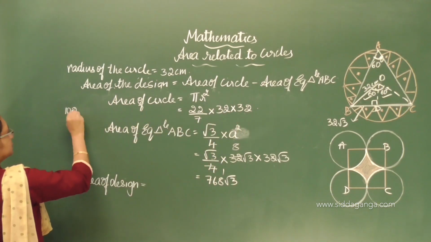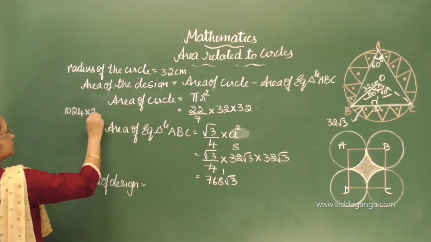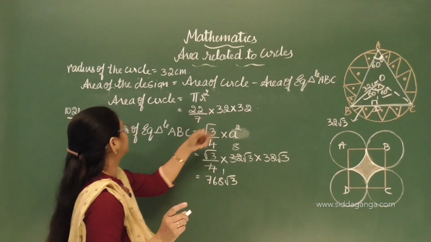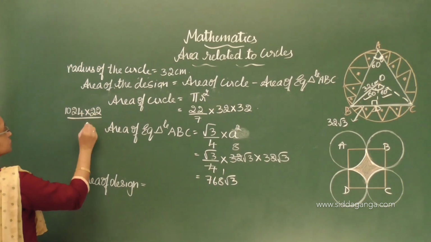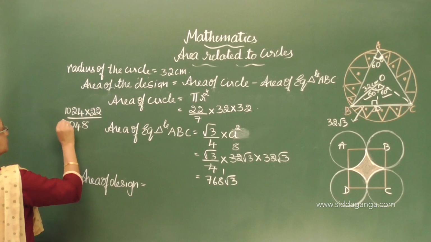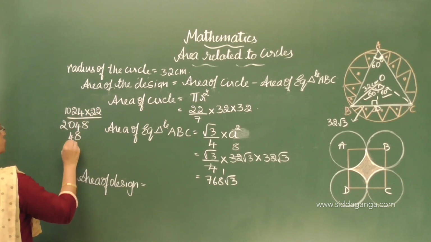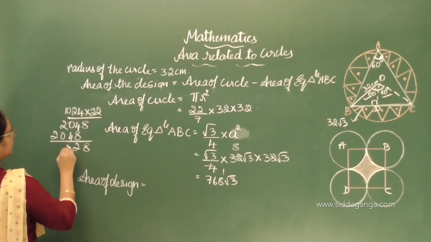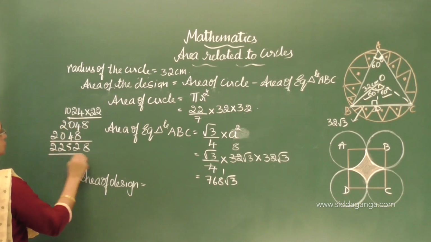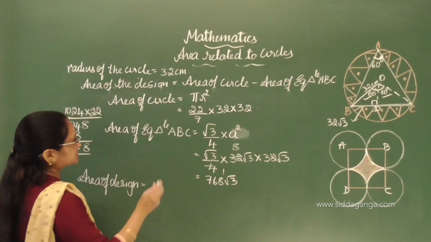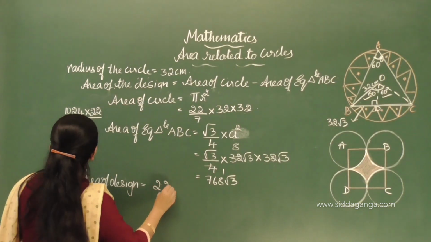I will write here 1024 into 22. See, 1024 into 22. So 4 2s are 8, 2 2s are 4, 2 0s are 0, 2 1s are 2. Same, 4 0 2. So 8, 12, 5, 2, 2. 2 2 5 2 8. 22,528 by 7.